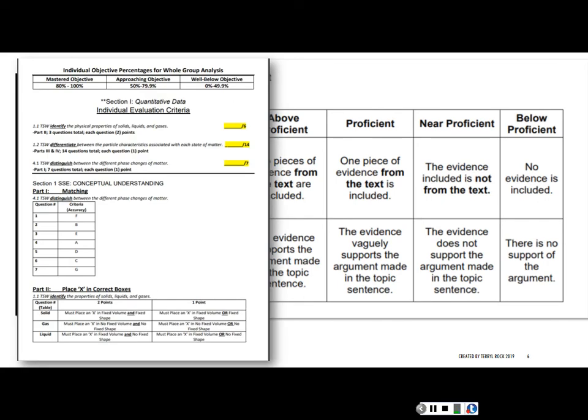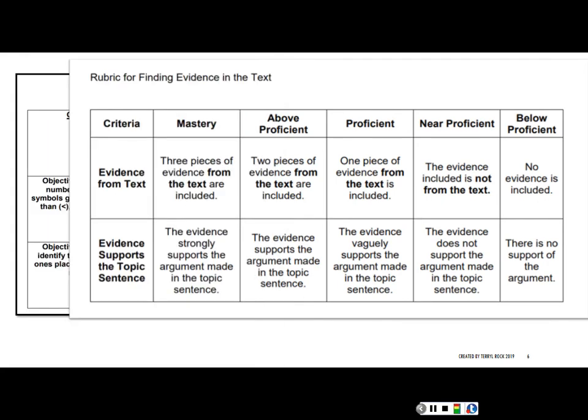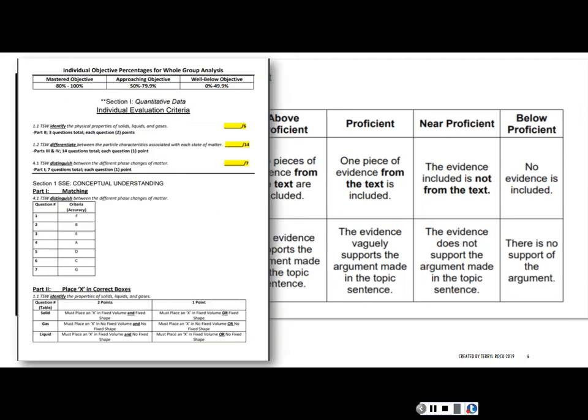Okay. Now here's this person I'm going to show you next. This girl must have spent like 60 hours just making her evaluation criteria. But just because it's so wonderful, I'm going to show it to you. This was a middle grades science person, and what she's done is she's even come up with the percentage as to what's mastery, approaching the objective, and below.